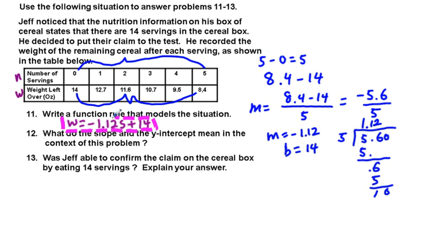Trying to draw it so I can still read below. What does the slope and y-intercept mean in the context of the problem? Well, I'm going to translate this to English. The slope equals how many ounces per serving, right? How many ounces, I'll abbreviate oz, per serving.